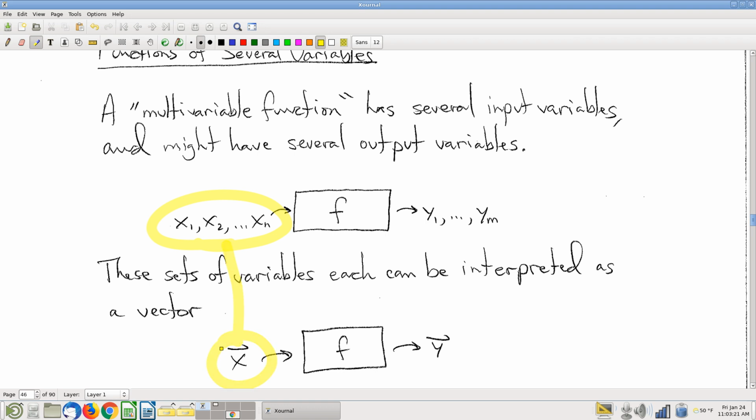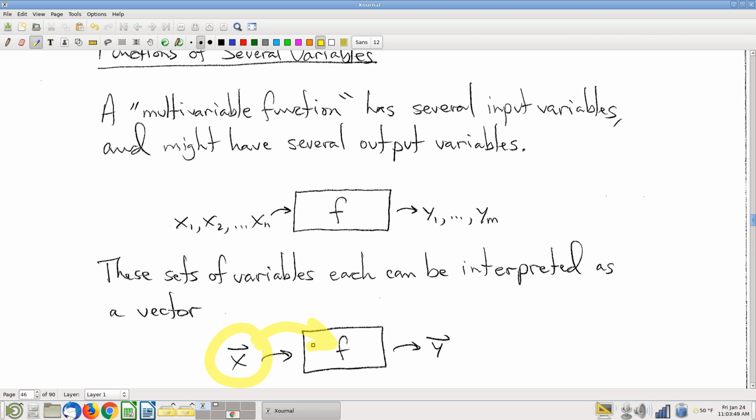This is a pretty different way of thinking about this, but instead of thinking of a multivariable function as something where a bunch of variables go in, think of it instead as something where one vector goes in. I think this is a big deal. You want to think of the inputs as being single vectors.